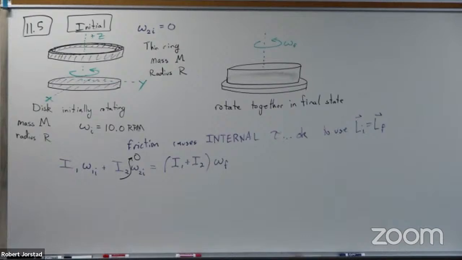What is I1? What shape is it? A disk. So what's the equation for I1 for a disk that has this mass and this radius about this axis? Is it 1/4 or 1/2? 1/2.